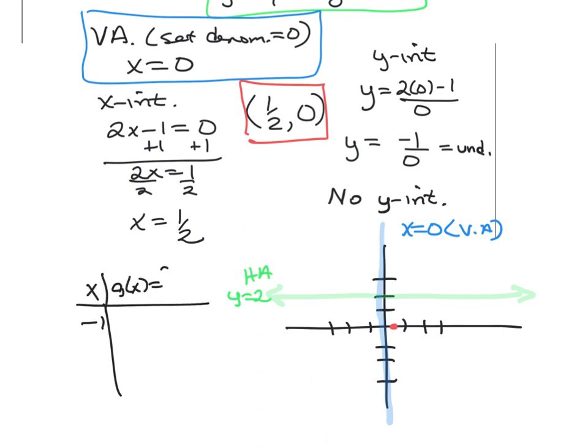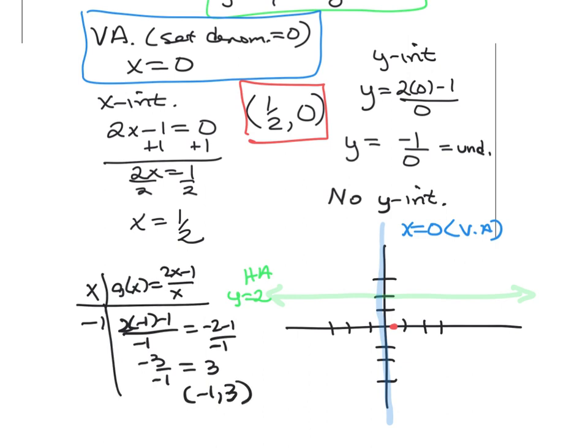And g of x equals 2x minus 1 over x. So when I plug in negative 1, I get negative 2 minus 1 over negative 1, which is negative 3 over negative 1. Negative divided by negative becomes positive 3. So the ordered pair I'm going to graph is negative 1, comma 3.